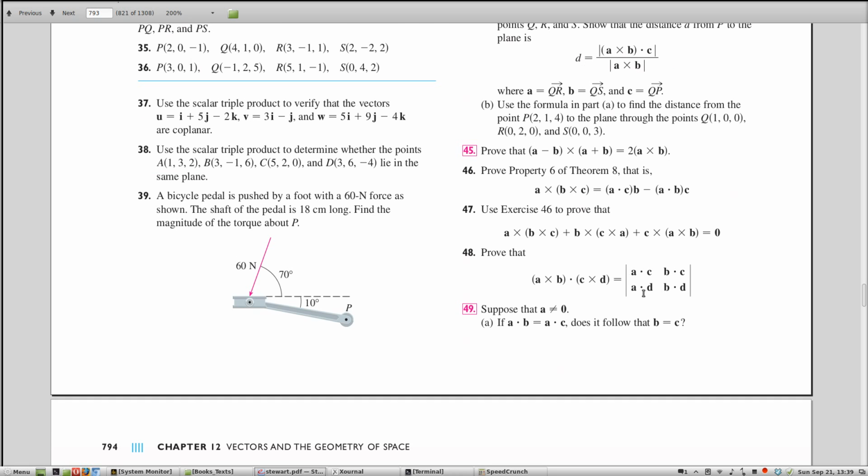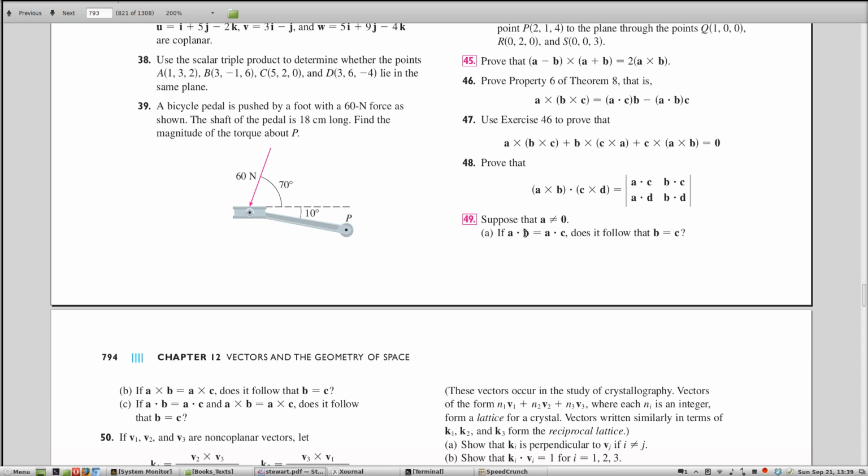These are all proof questions. What about number 49? So if a is non-zero, if this is true, so what does this mean? This means that the angle between, no, okay, so this is false.